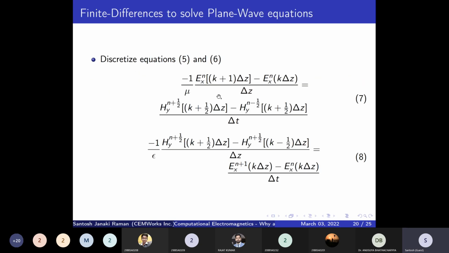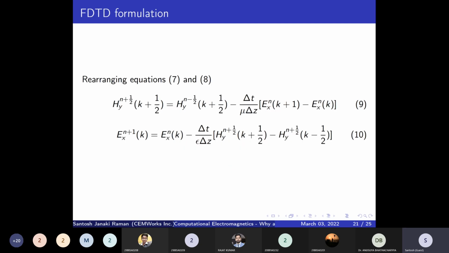I use the superscripts half and minus half just for the sake of ease, because it's called the leapfrog algorithm. I won't go into that, it's a bit complicated, but you can use the same procedure that I described in the previous example. And when you do that, you get these two update equations, which are very similar to the update equations that you saw previously.